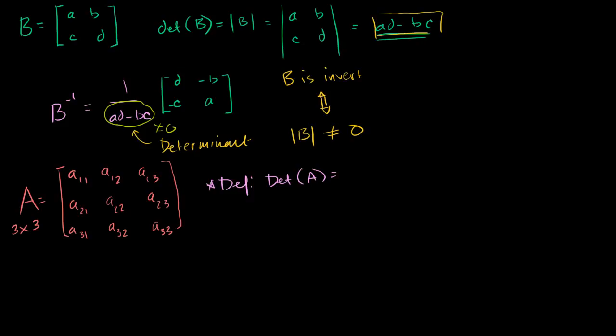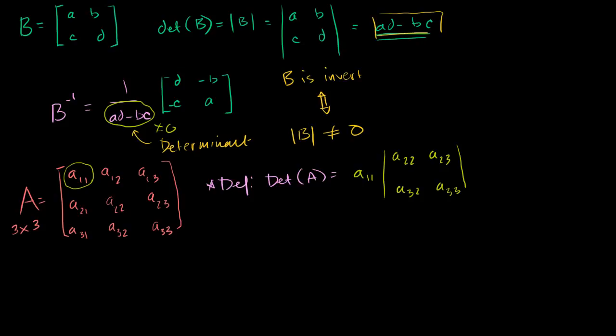It's a little computationally intensive sometimes, but it equals A11 times the determinant of the matrix you get if you get rid of this guy's column and row. So you're left with this matrix here: A22, A23, A32, and then A33, just like that.